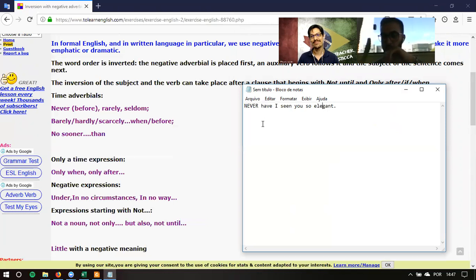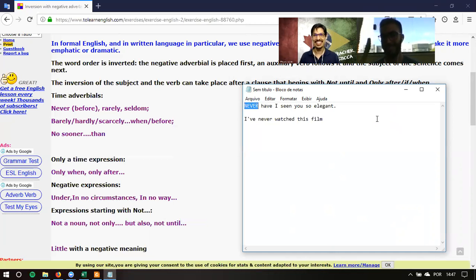We don't invert every time we say never. I can say too, I've never watched this film. No problem. It's completely normal. But there is the possibility of using never like this because then you emphasize the negative adverb. Never have I seen you so elegant.